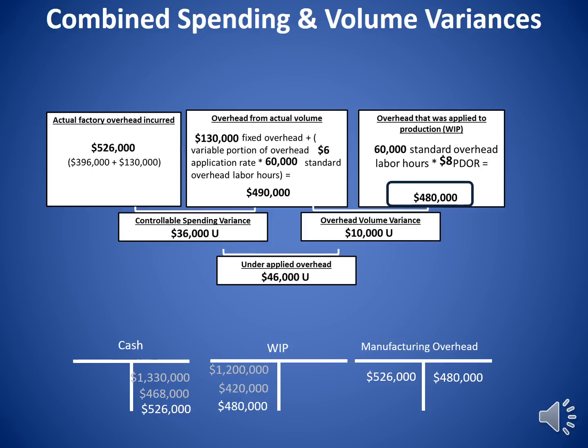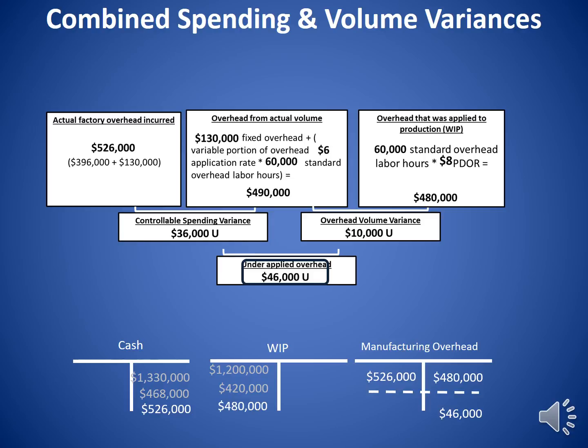The other thing is, you can see with manufacturing overhead there is a difference. We have actual manufacturing overhead cost of $526,000, and the amount we have allocated to work in process of $480,000. The difference between the two is $46,000, and that is the under applied overhead.